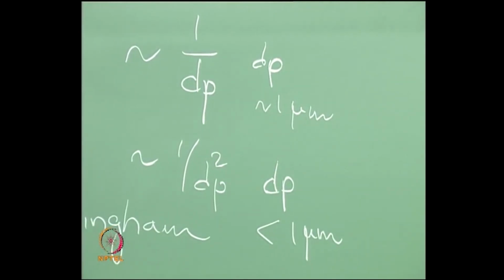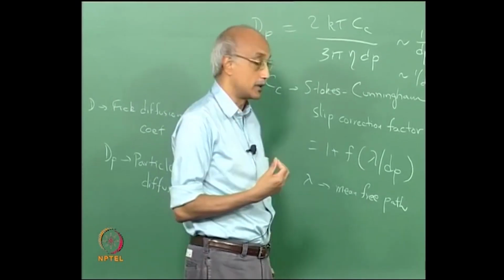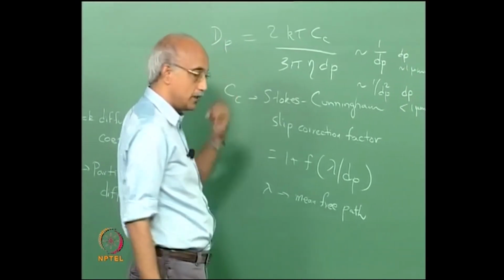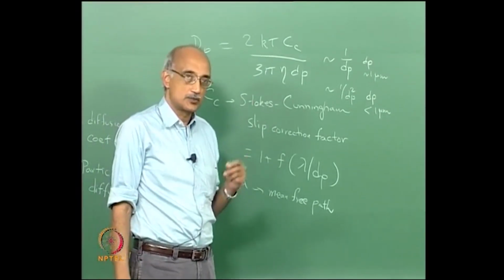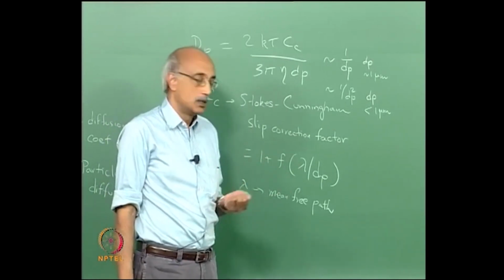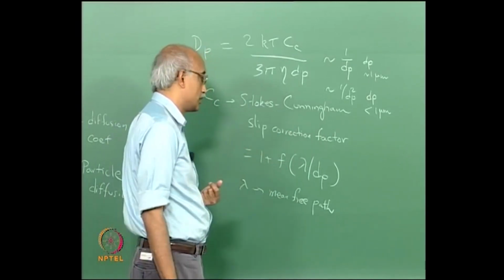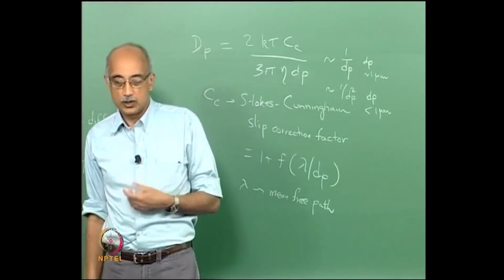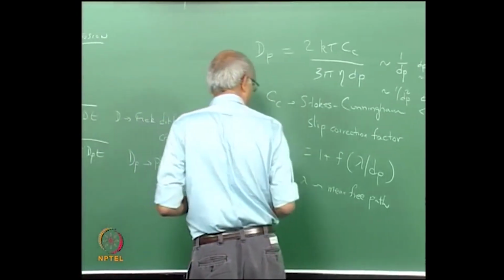So the inverse dependence of diffusivity on size becomes exacerbated as particle sizes become smaller and smaller, and also for a given particle diameter, the value of the Brownian diffusivity is much greater than you would have predicted based on the continuum assumption alone, as the diameters drop towards the nanometer sizes. So, very important to keep in mind this correction factor for the slip between the particle and the surrounding molecules.